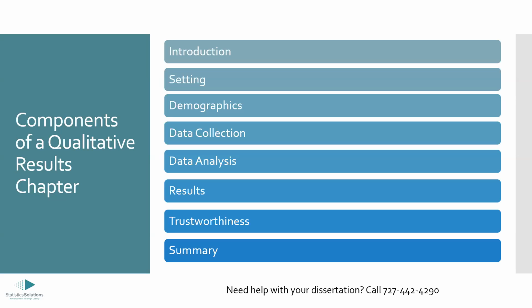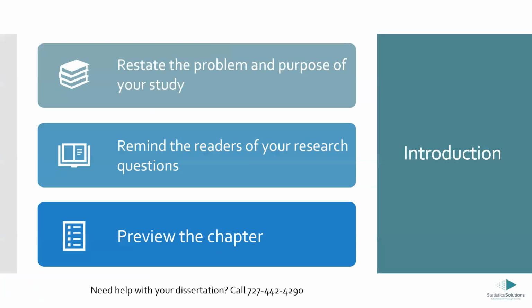But if you're struggling to get started, if you don't have something like that, these are the most common sections of the chapter 4 or the results chapter that I see. So you're in good shape if you include each of these. And so this will also provide the roadmap for the webinar today. So an introduction, a section on the setting, demographics, data collection, data analysis, results, trustworthiness, and summary.